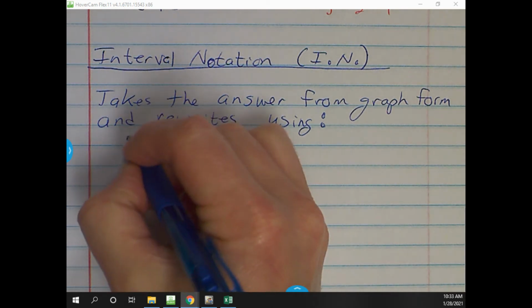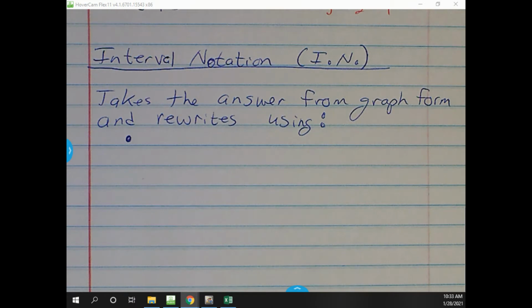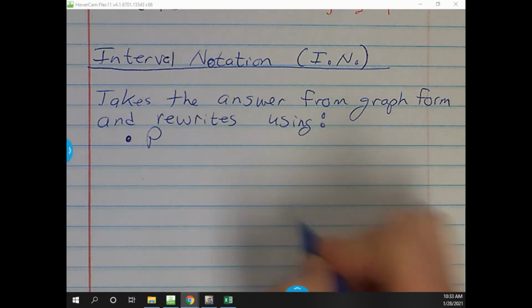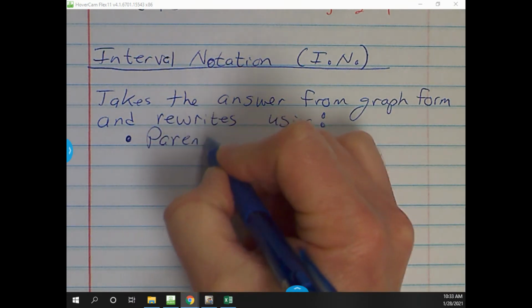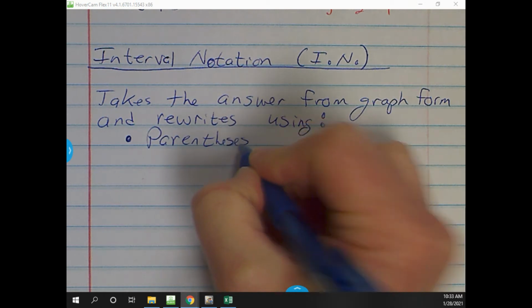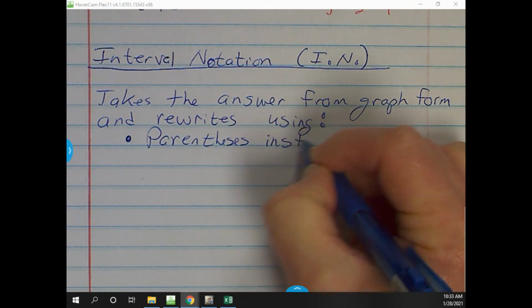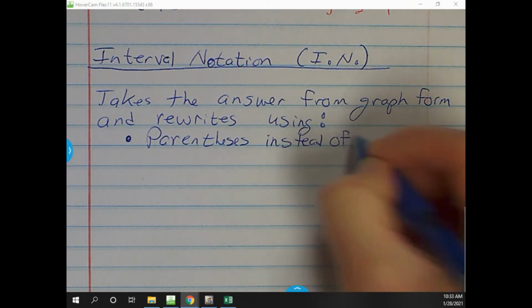So here's what we're going to do. We're going to use parentheses instead of an open circle.